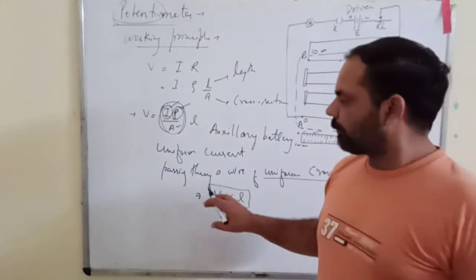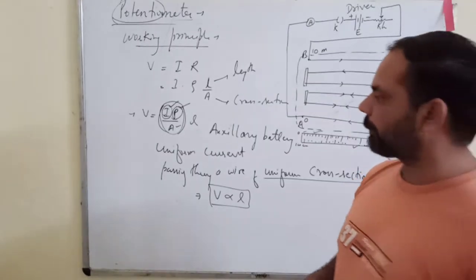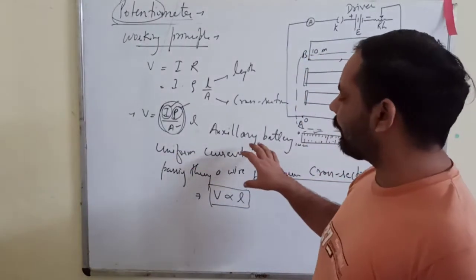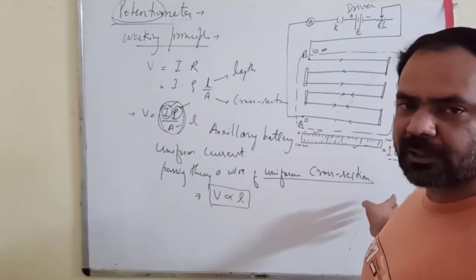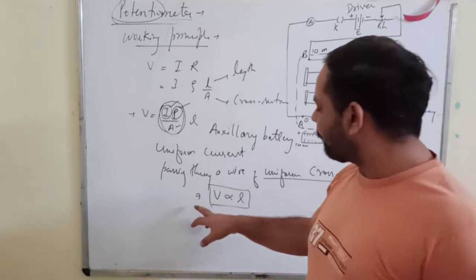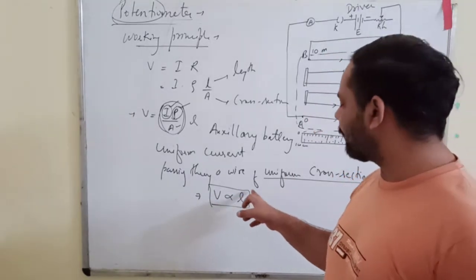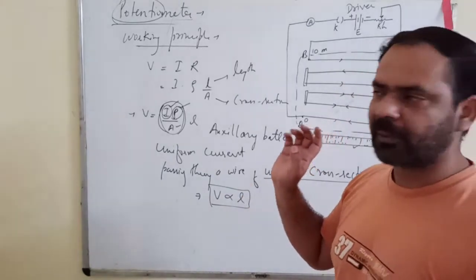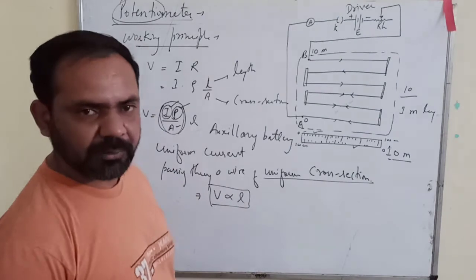Now listen to my statement properly. When a uniform current is made to pass through a wire of uniform cross sectional area, then the potential drop across the wire is directly proportional to the length of the wire.